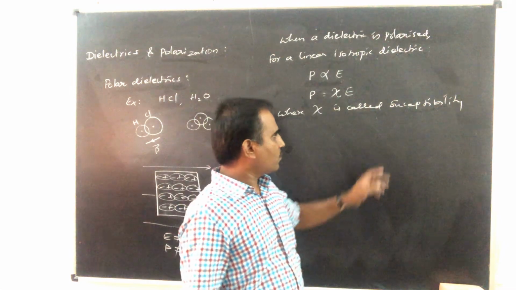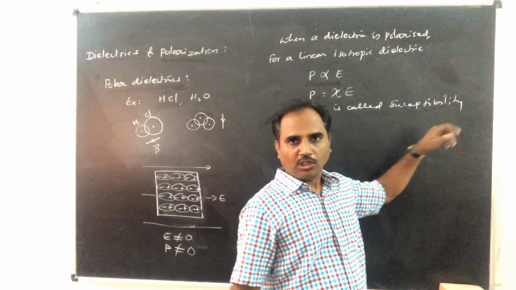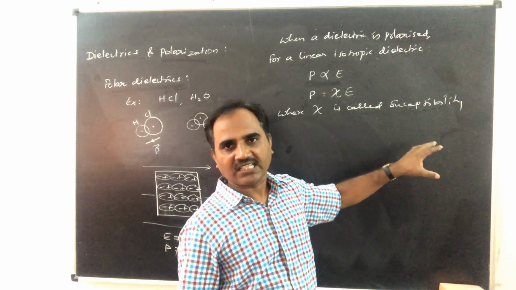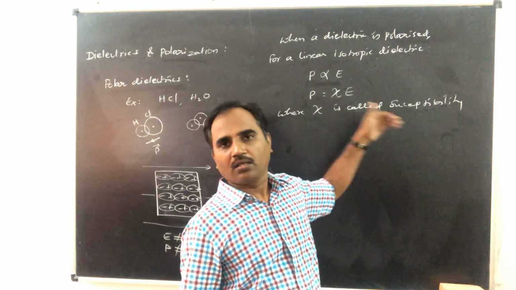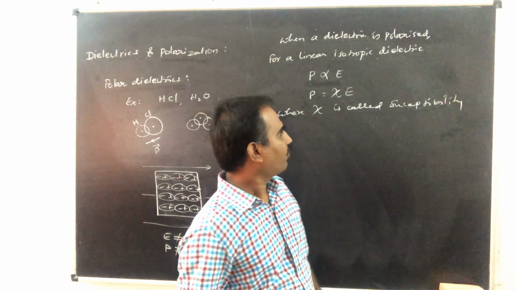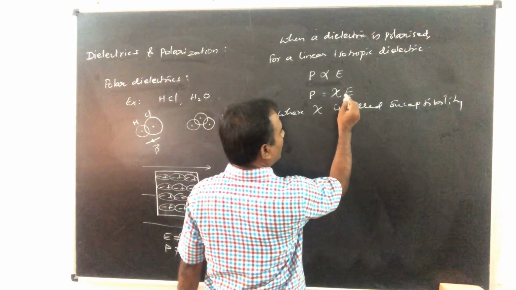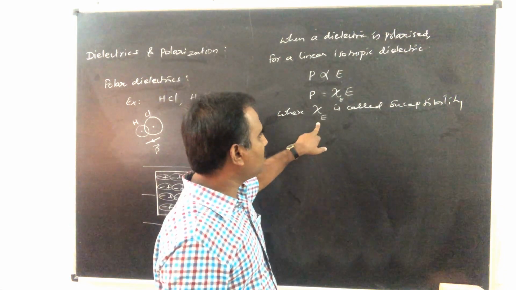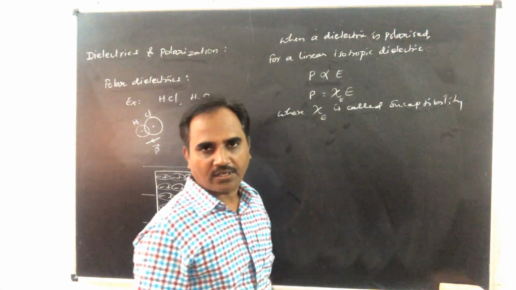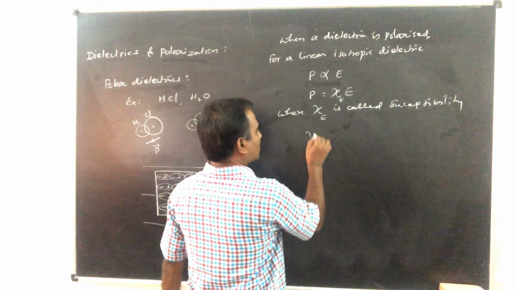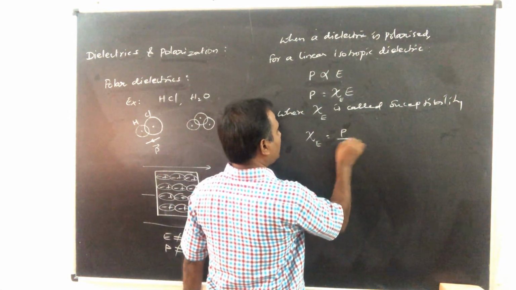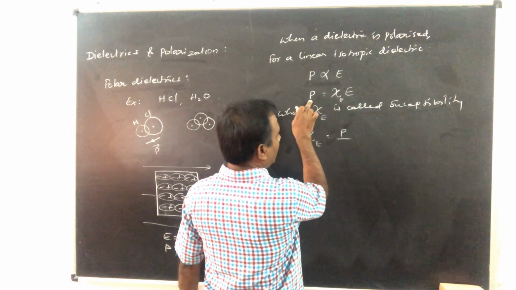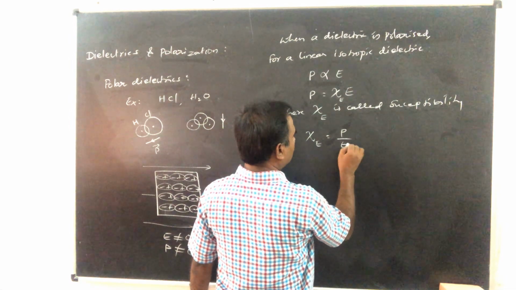You come across this word susceptibility even in magnetism also. So, to distinguish the susceptibility in case of dielectrics from that of magnetism, we represent this chi as chi E. So, this chi E is called electric susceptibility. This susceptibility is the ratio of dipole moment of the dielectric to this electric field.